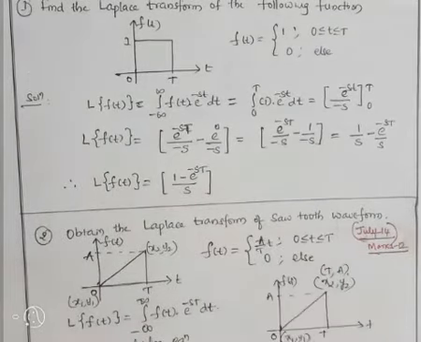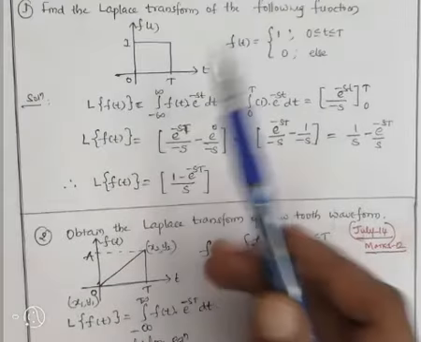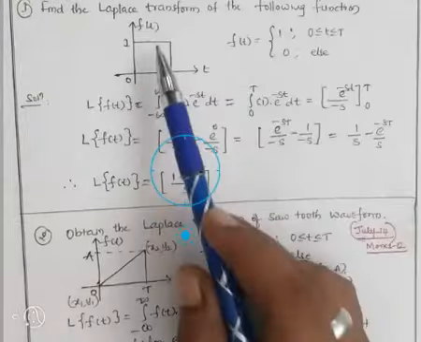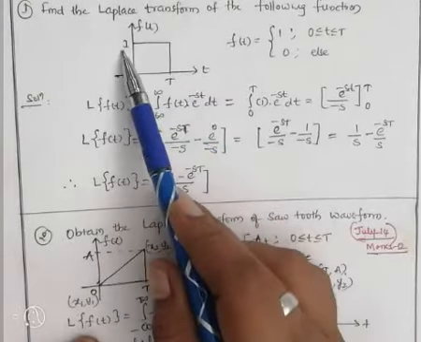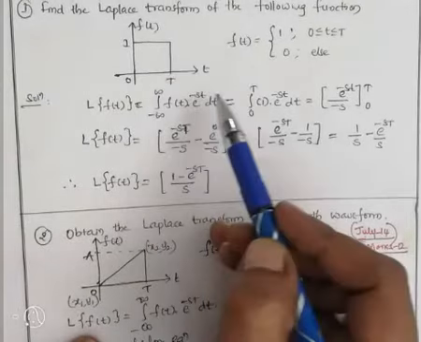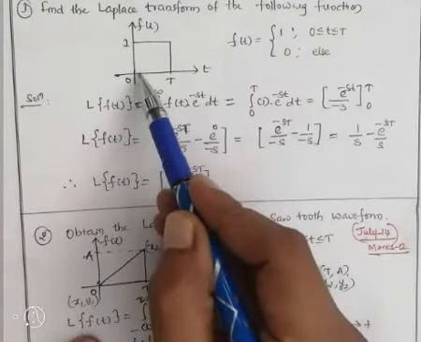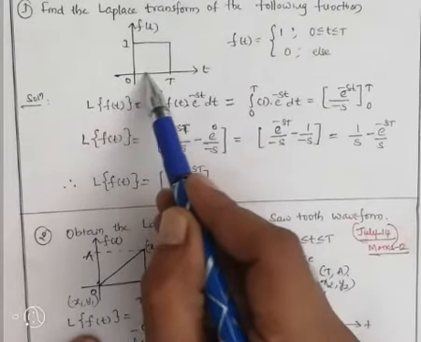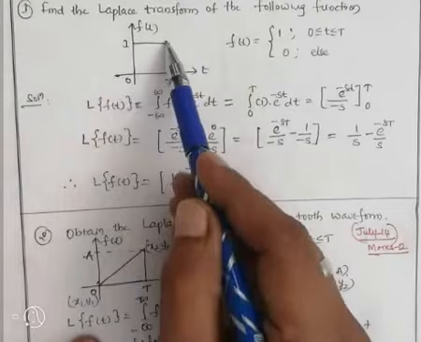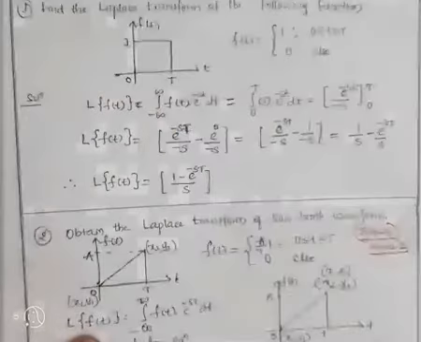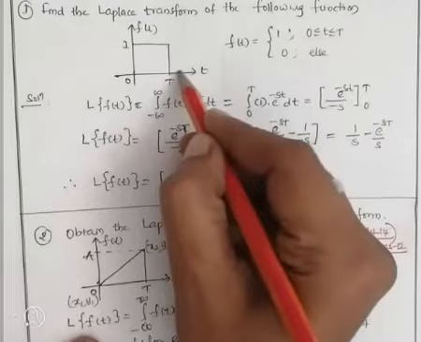Here, the function f of t has amplitude 1 for the duration t equal to 0 to T. For other values, it is 0.